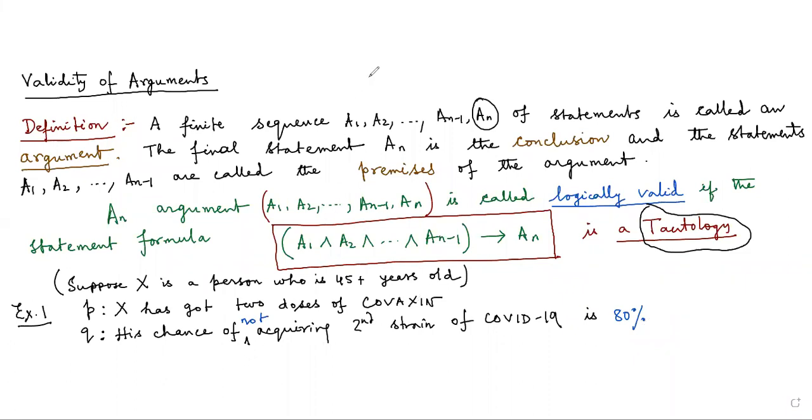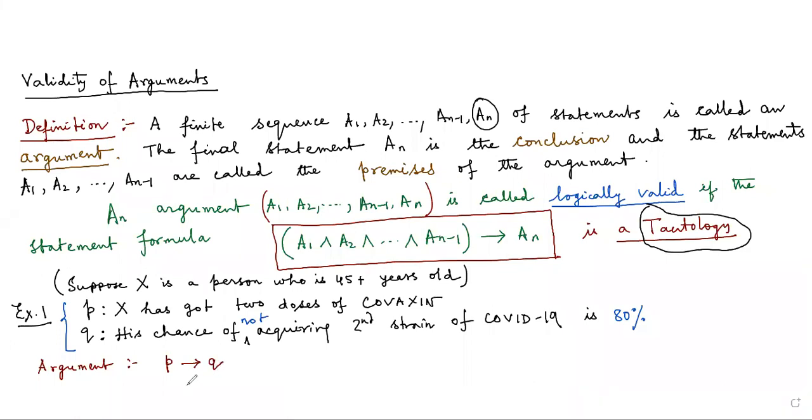After that, on the basis of my formation of the statements, I am making my argument as follows. My argument is, if the person gets 2 doses of Covaxin, this implies his chance of not acquiring second strain of COVID-19 is 80%.